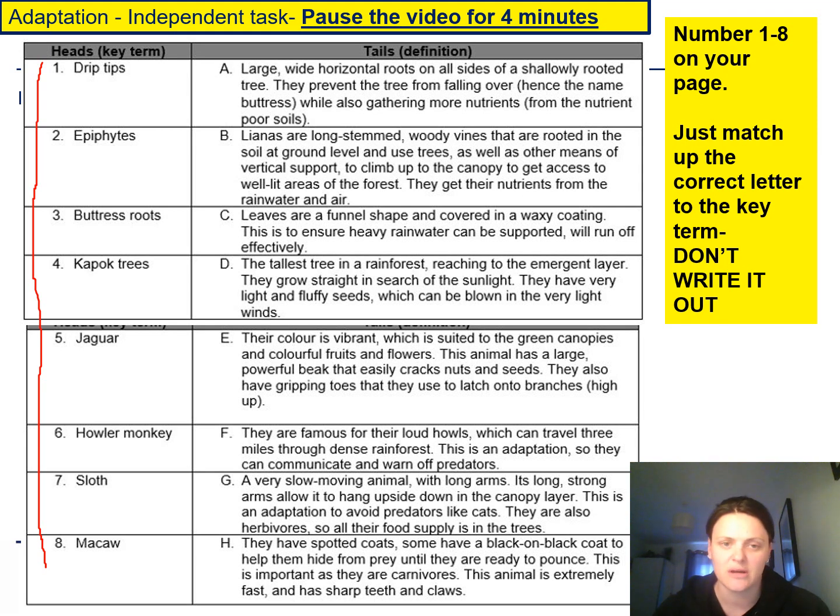What I want you to do is just number 1 to 8 on your page, and then next to it I want you to write the letter that goes with the key term. Okay, that's all you need to do. You don't need to write it out. So please give yourself 4 minutes for this and pause the video.